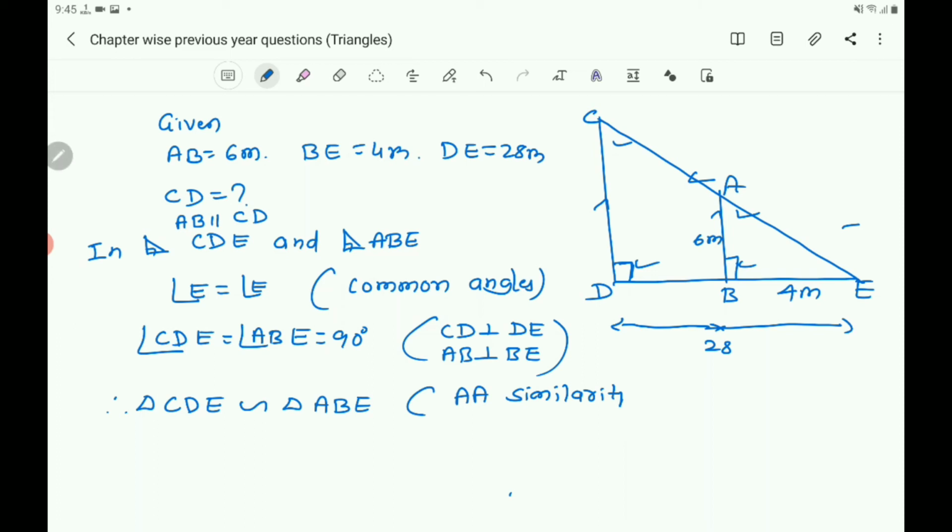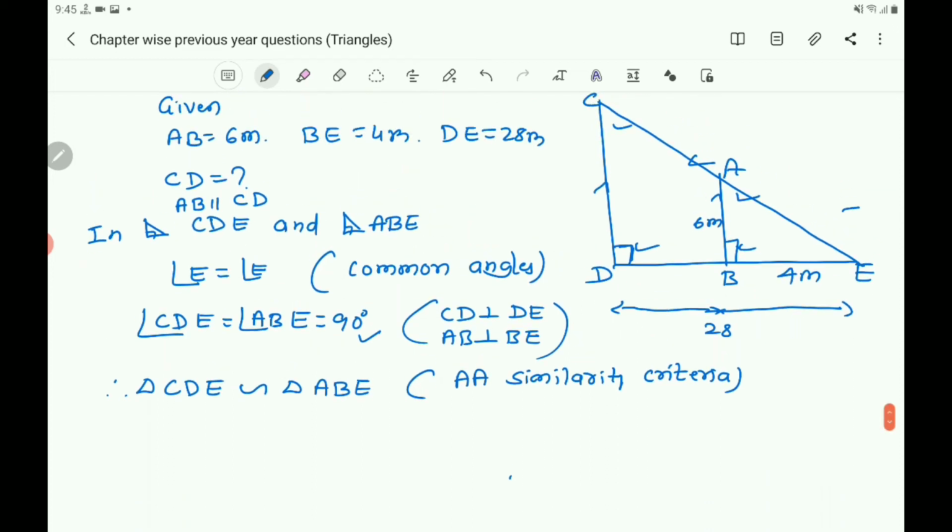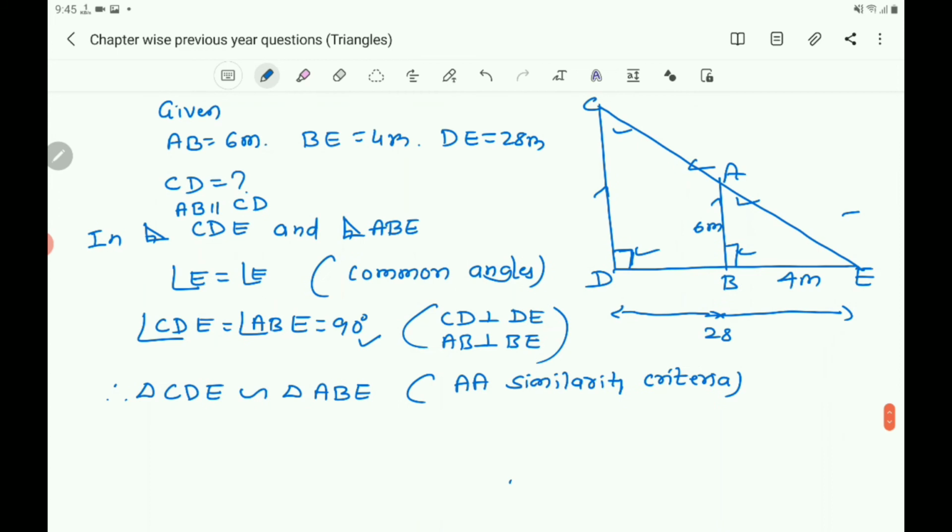In two triangles, if two pairs of angles are equal, then the third pair also becomes equal. That also you can write. So here let us write only two angles and AA similarity criteria.